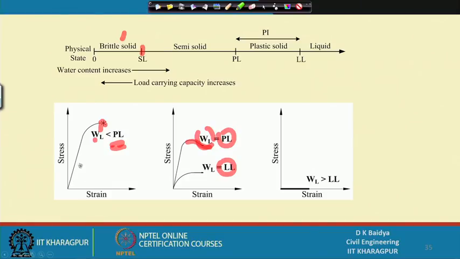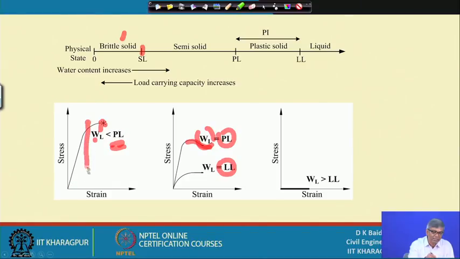Whereas, if the water content is less than the plastic limit, it will strain very little with very high stress. Here also, if it is equal to the plastic limit, then straining is less, and stress is comparatively less, and if it is close to the liquid limit, then at very low stress the strain will be more.